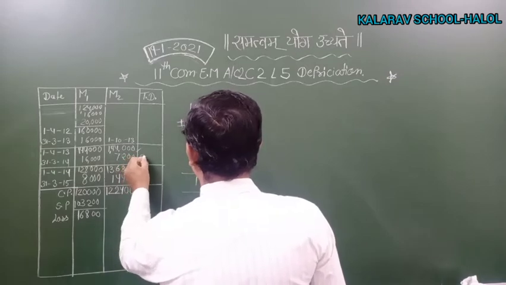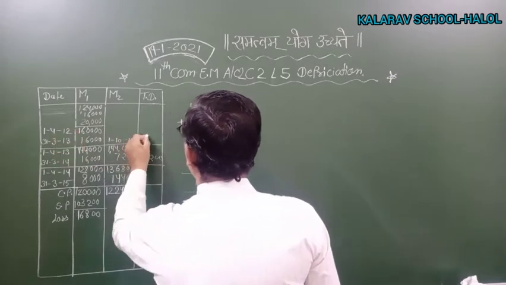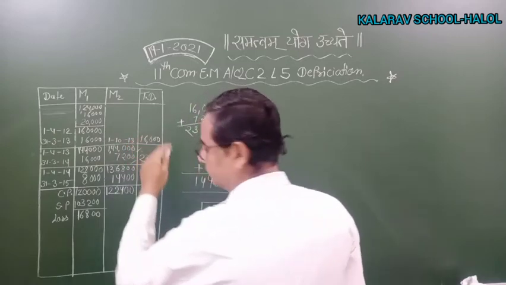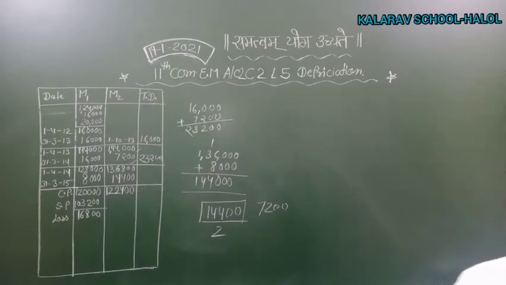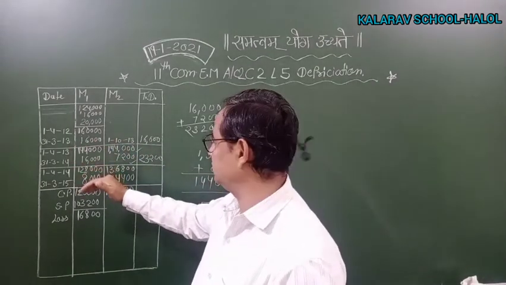Is it clear? The first year depreciation is only 16,000, and the second year it is 23,200.